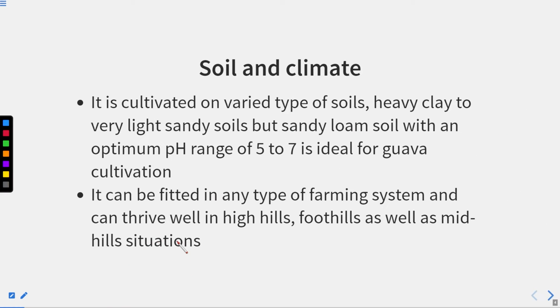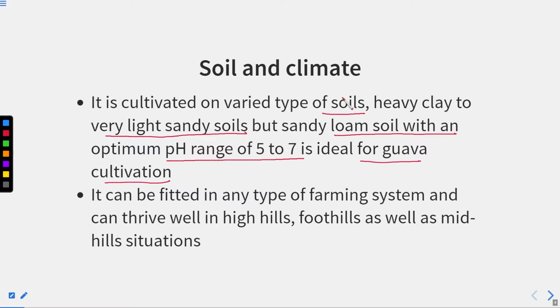Then if we discuss the soil and climate, meaning what type of soil is required by the guava plant and what type of climate is required for the growth of the guava plant, it is cultivated on a variety of soils. So from heavy clay to very light sandy soil, but sandy loam soil with an optimum pH range of 5 to 7 is ideal for guava cultivation, right?